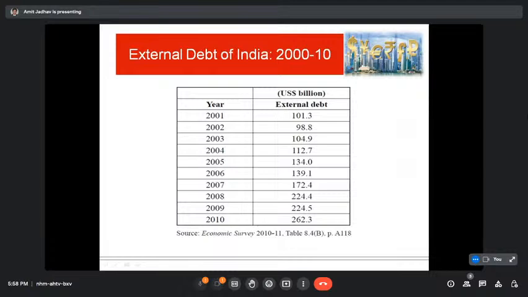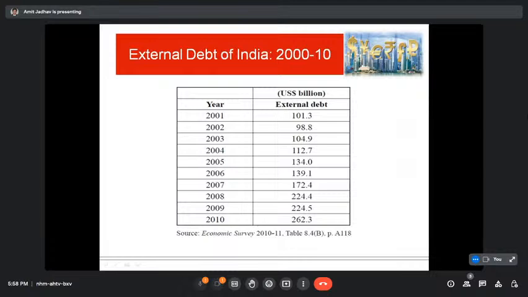We can see in this slide that in 2001 our external debt is only 101.3 billion dollars. Up to 2004 the debt increases, but the rate of increase is not too much, 112.7 billion dollars, so about 7 billion more.